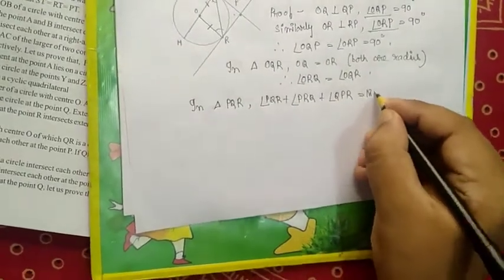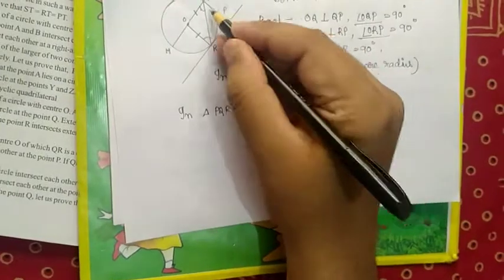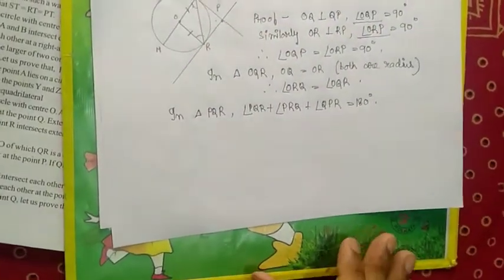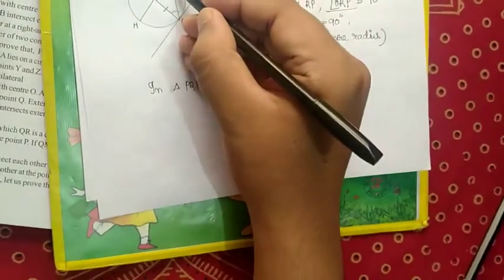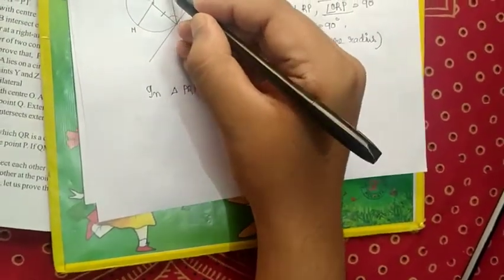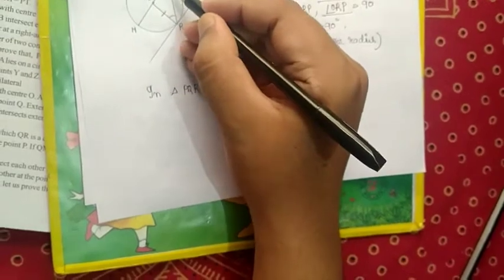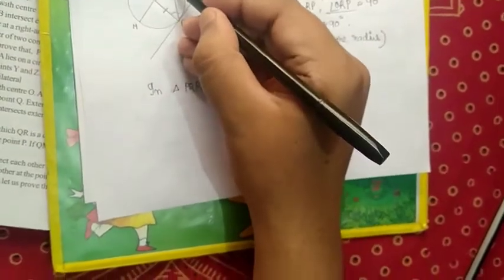We know that the sum of the three angles in a triangle is always 180 degrees. Now angle PQR means this angle. We know this angle OQP is 90 degrees. So we can say that this angle is 90 degrees minus this one.